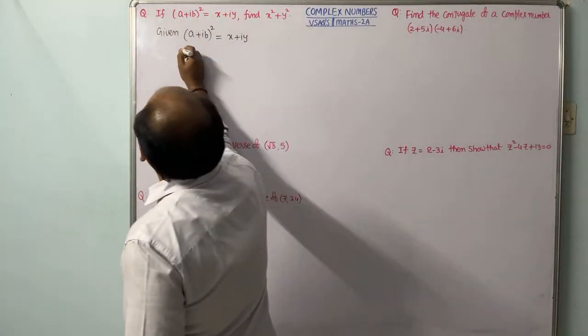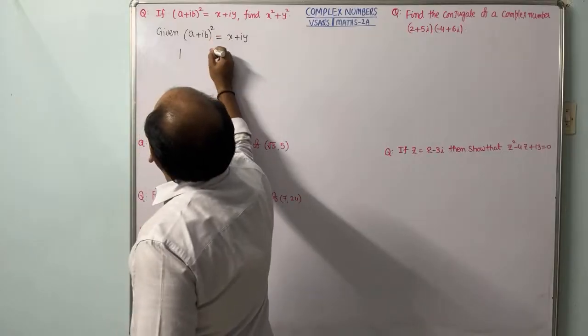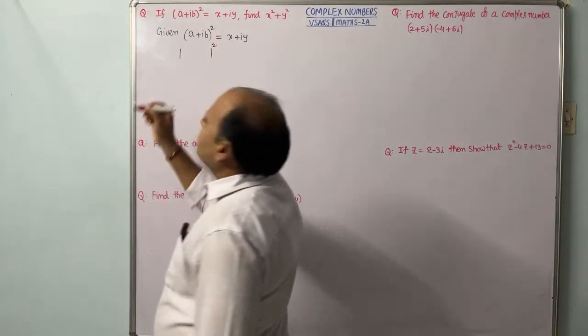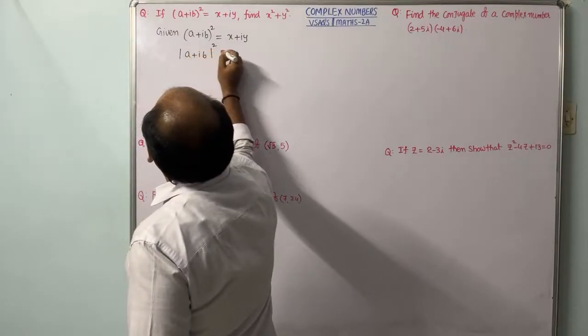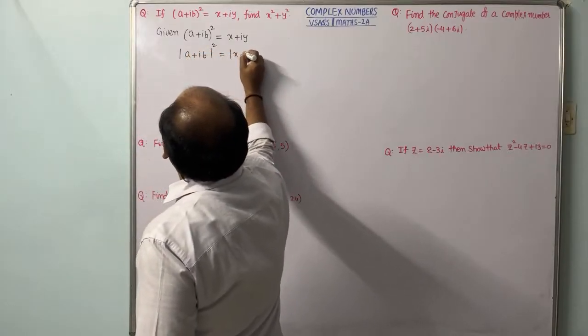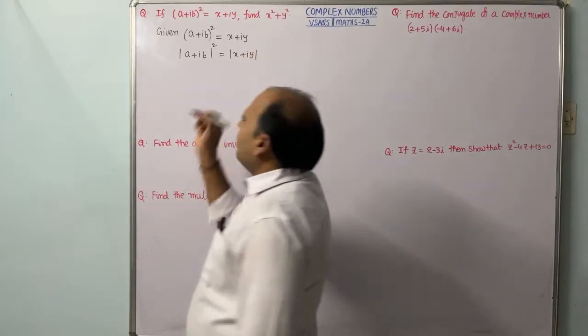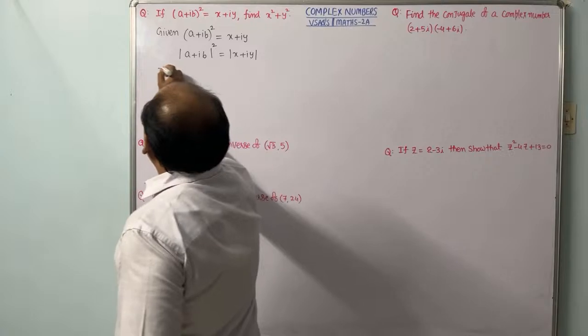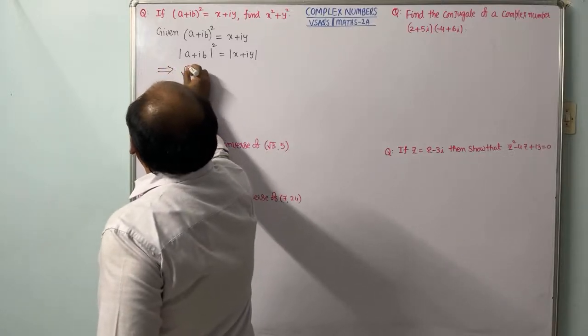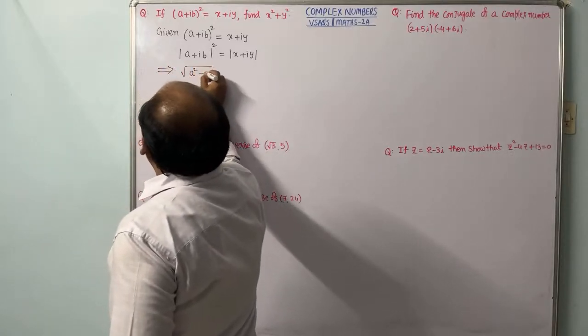Taking modulus on both sides. Modulus of a complex number square means modulus square of a plus ib is equal to modulus of x plus iy. You know that the modulus of a complex number is equal to root over a square plus b square.